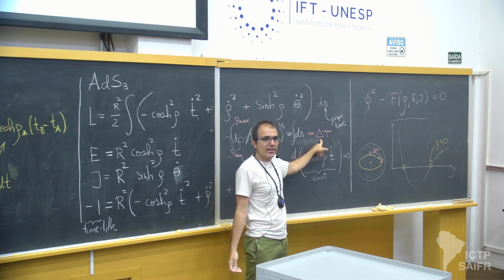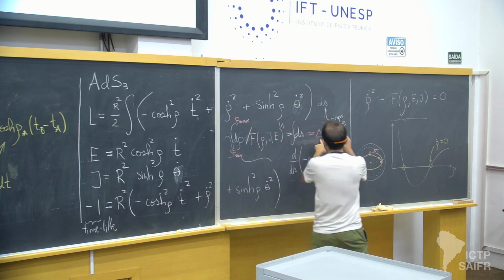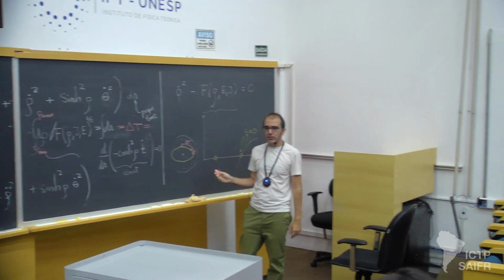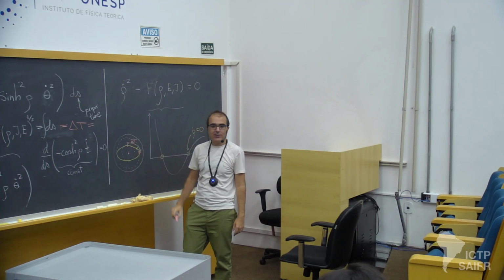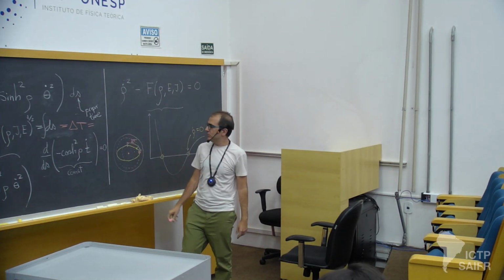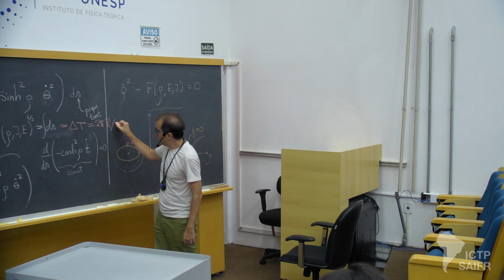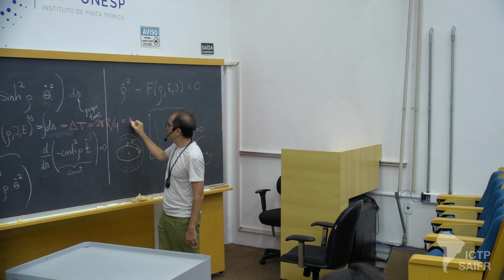We know the answer already. What's the period for you? 2 pi r. So what fraction of the full period is from here to here? 1/4, right? So instead of 2 pi r, the answer of that computation, if you made no mistake, must be pi r over 2.